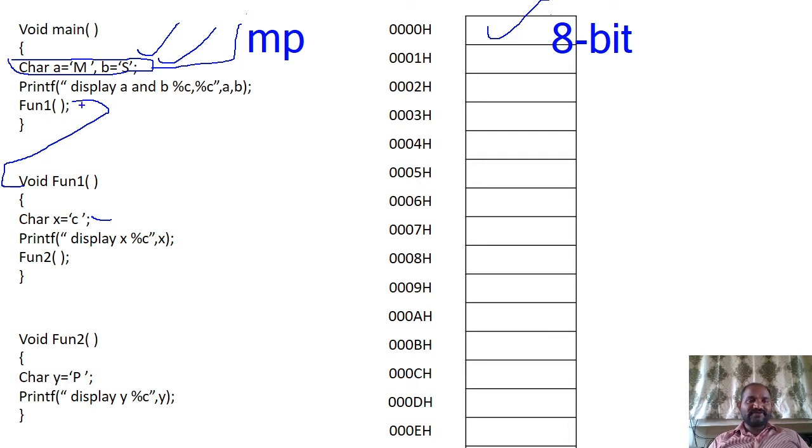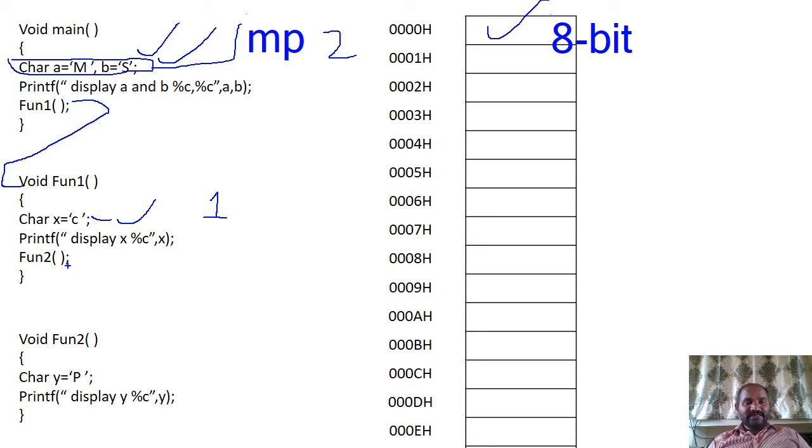Here you are diverting the execution control from here to here. In the definition of function 1, you are defining one more character type variable. For that also the microprocessor allocates one more memory location. Here it allocated 2 memory locations for 2 variables on the stack area, and here only one variable, so one memory location is allocated on the stack area.